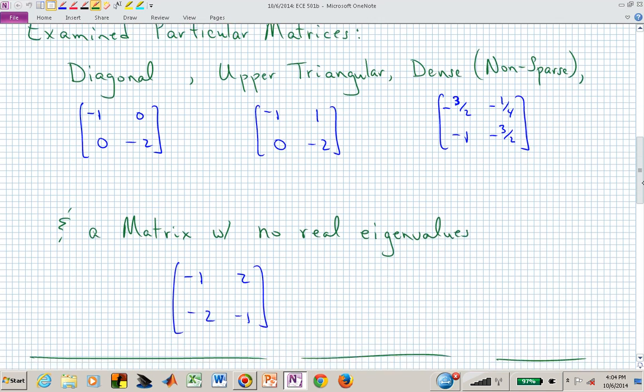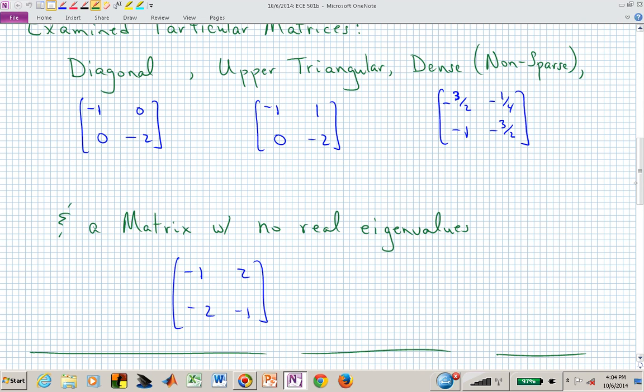We then looked at a matrix with no real eigenvalues, which was this matrix -1, 2, -2, -1. Do you remember, if somebody needed to compute the eigenvalues and they said you're free to pick your field of numbers, could you find eigenvalues for that matrix? Yes, and the field would be the complex numbers.